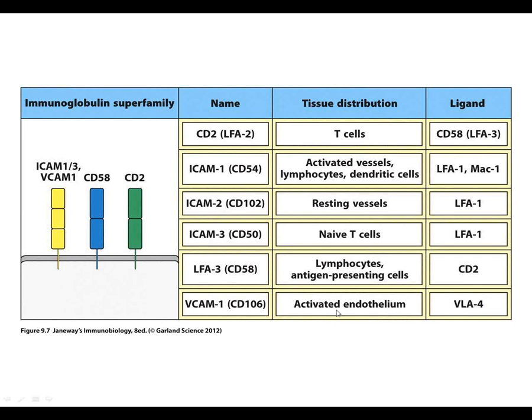VLA4 is on the endothelium. It's not in the early stage on the lymph node, in the early stage defense. VLA4 binds to VCAM1. In the case of ICAM1, VCAM1, I don't necessarily think you need to know the CD markers on these. I would certainly know, however, again, what integrins have CD18 on them.